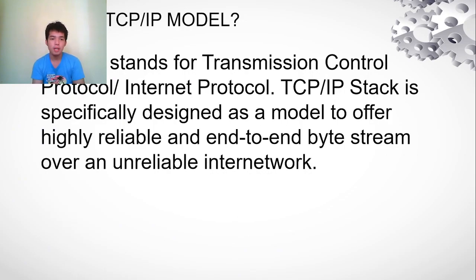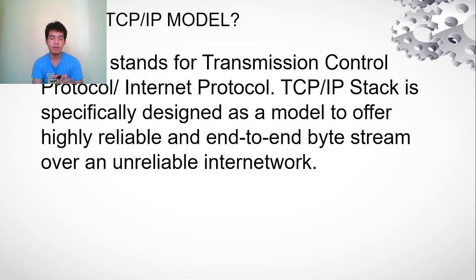So TCP/IP: TCP stands for Transmission Control Protocol, and IP stands for Internet Protocol. What do I mean by that? The TCP and IP stack is specifically designed as a model to offer a highly reliable, end-to-end byte stream over an unreliable internet network. As I said earlier, TCP and IP means internet transfer.